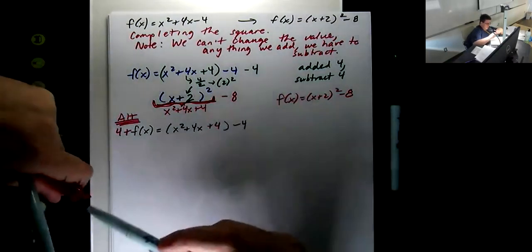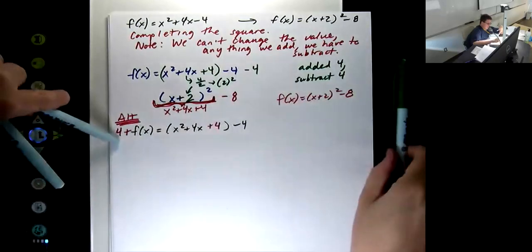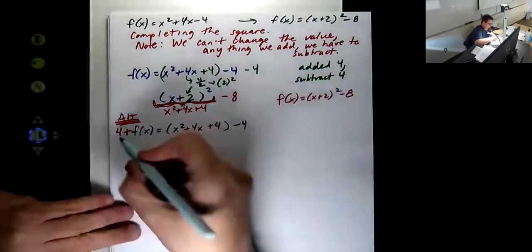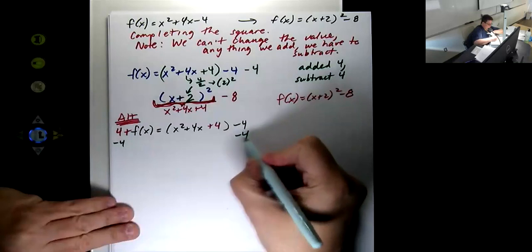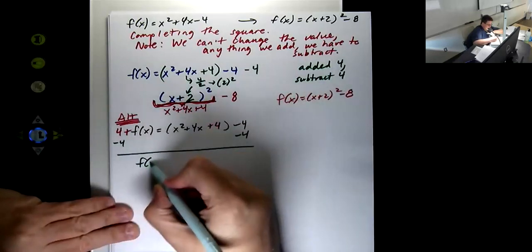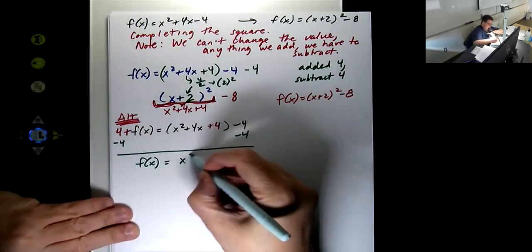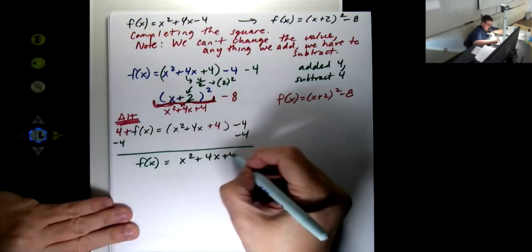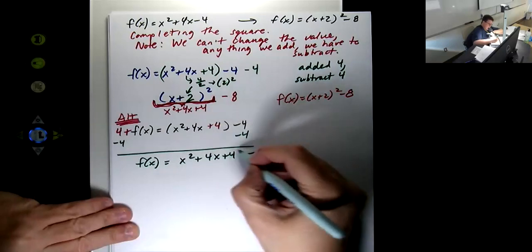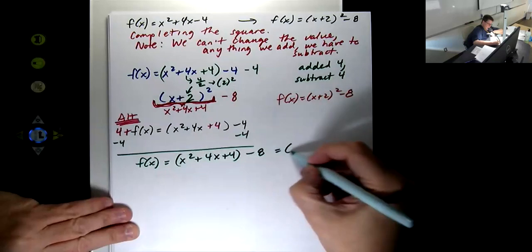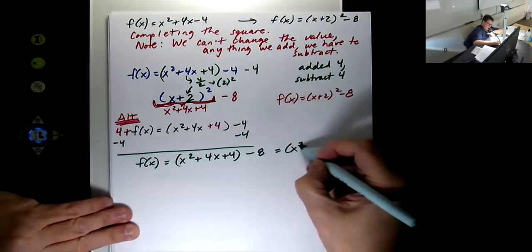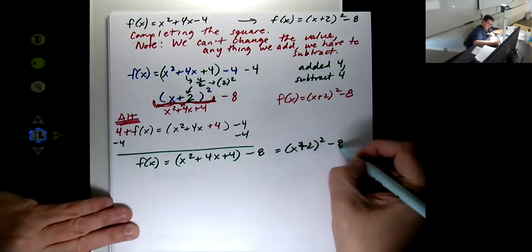But you don't want to end up with the 4 with the f of x. F of x needs to be by itself. So you subtract 4. And that middle part turns into the x plus 2 squared minus 8.